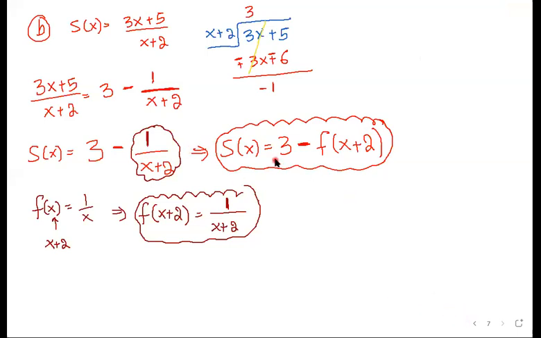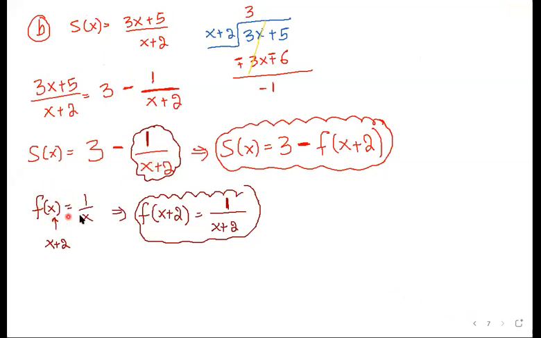Here in this function, I did the long division, and it equals 3 minus 1 over x plus 2. Then I write s of x instead of this function. Now this one, 1 over x plus 2, I can replace by the function f of x.